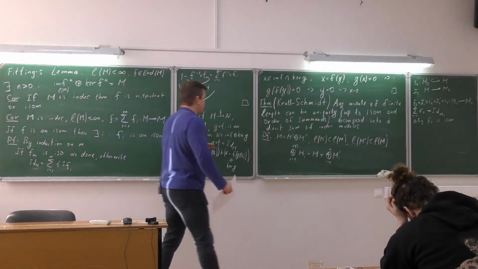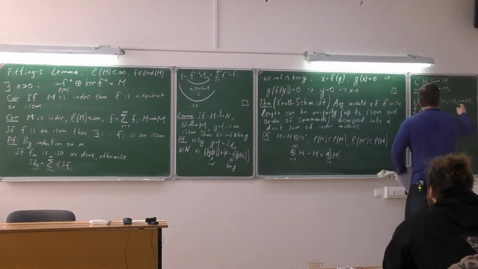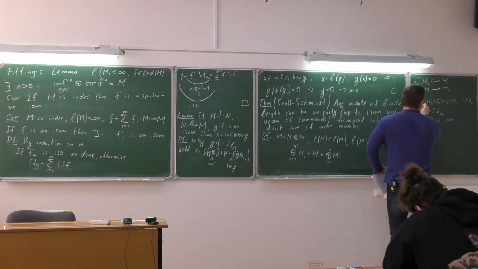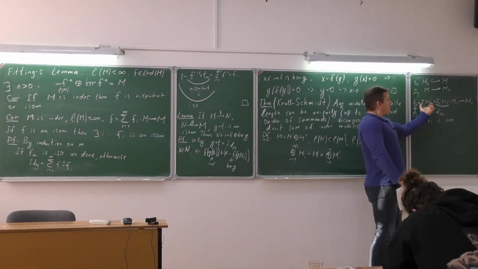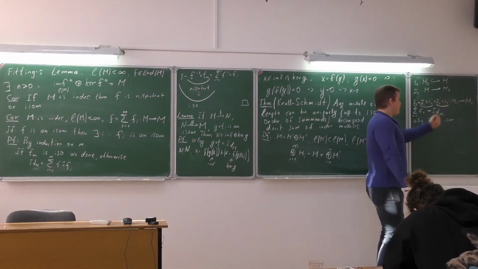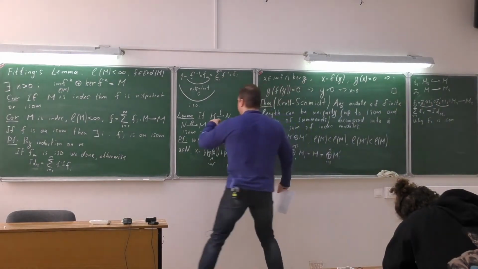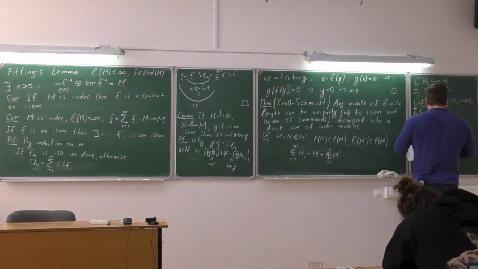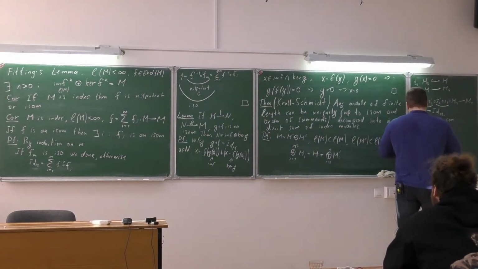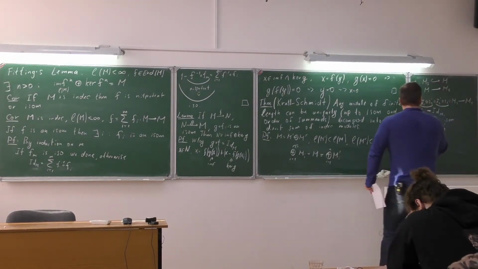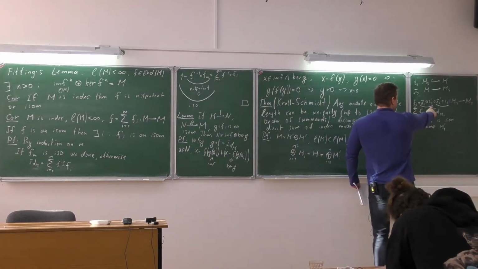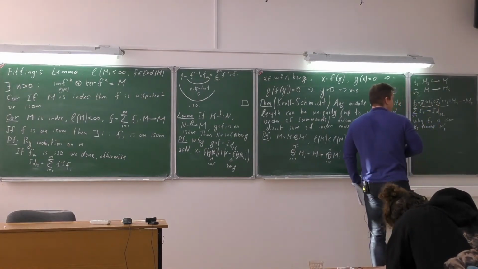So F1 is a map from M1 to M1, and I want to think about this F1 as a composition of two maps. So this composition of four maps, I think about as a composition of this map and this map, and apply the lemma to this composition of two maps. So by the lemma, I have that M1 prime, and I apply this statement when s is equal to 1, so this index in the middle will be equal to 1.